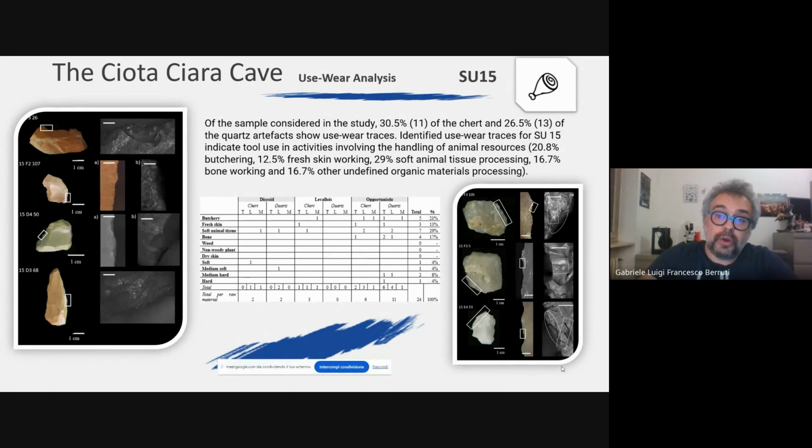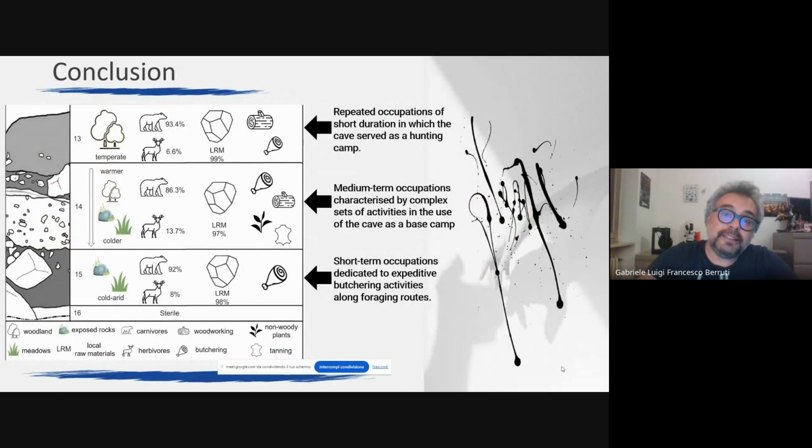At the end, putting all together this data with the data that arrive from other studies, we can create this scheme. From the unit 15, we have a temperate climate, not a big presence of herbivores.